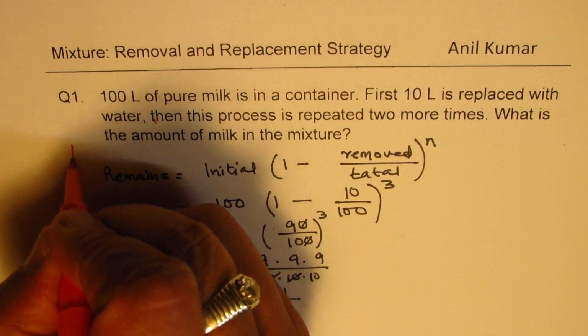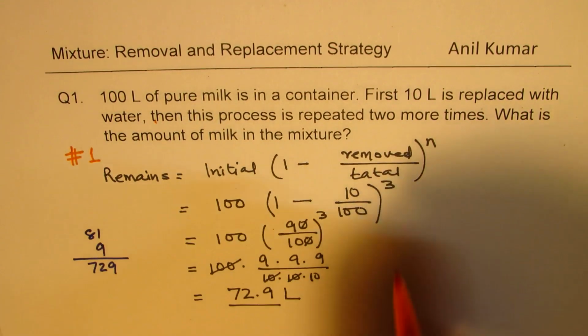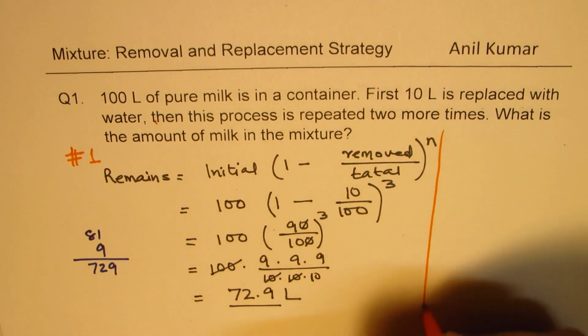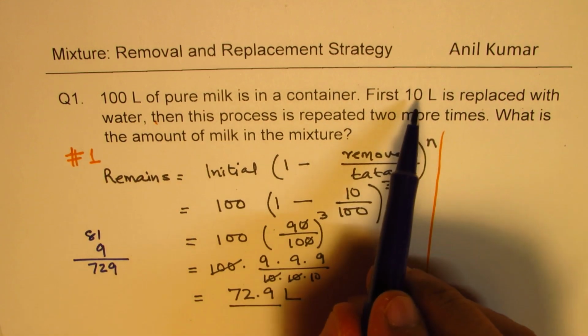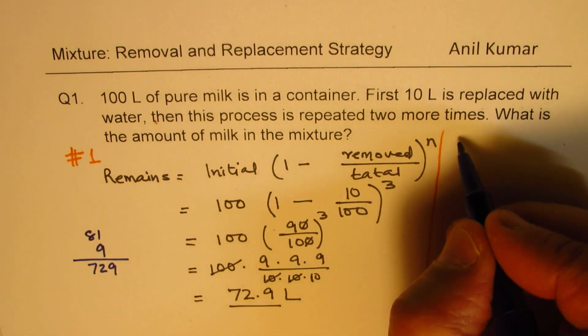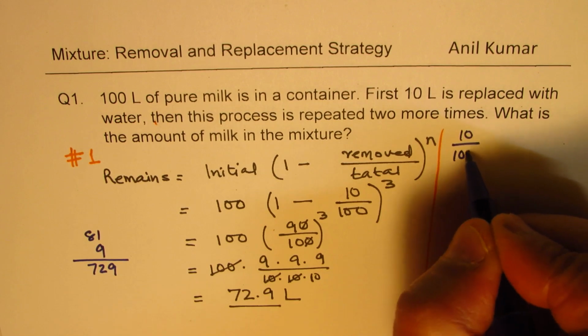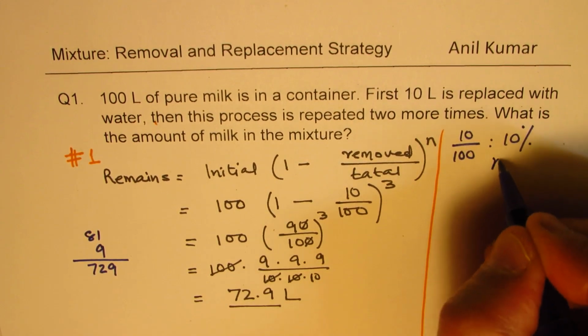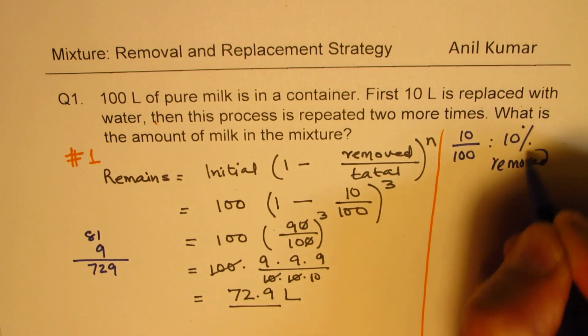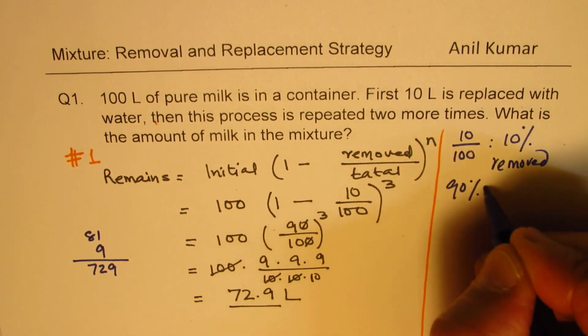So this is one way of doing it. I'll call this our method number 1. However, there is another method which some of you will love. We are taking 10 liters, so that means 10 out of 100 is basically 10% removed, which means 90% remains.